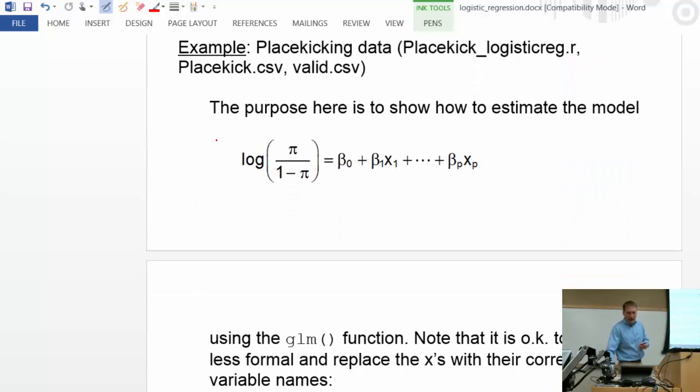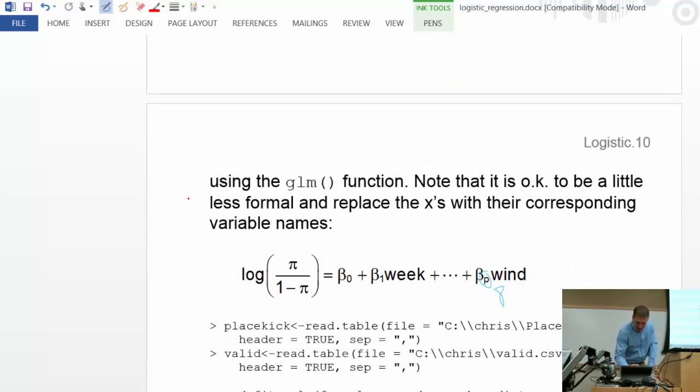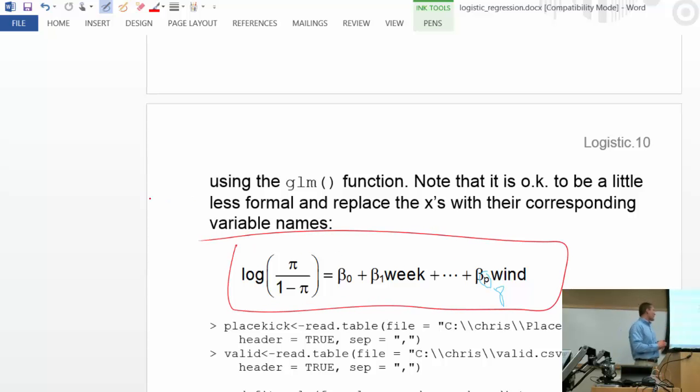Okay, so that takes us to an example. Just to get exposure to how we actually estimate a model in R, we're going to use, again, the place-kicking data set. What I'm interested in doing is estimating this particular model. Please note the little small change there. It's on page 10.